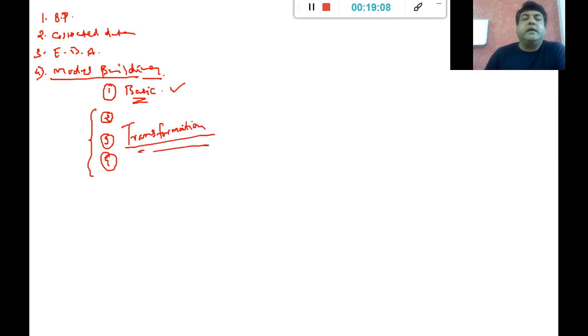So obviously when I get more errors, if you remember, we have seen the formula for R square. The range of this is 0 to 1, but it should be towards 1.